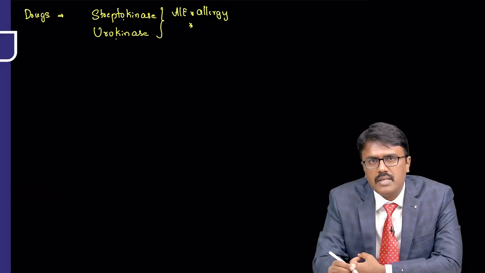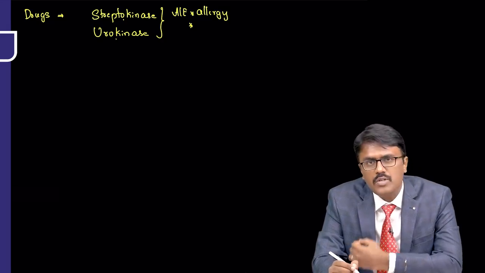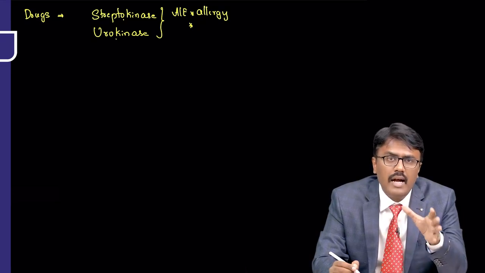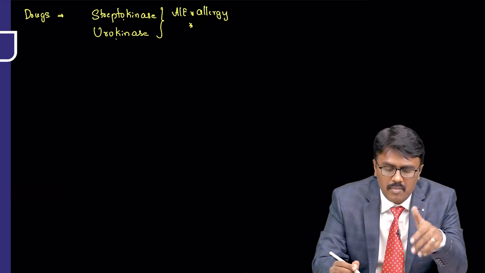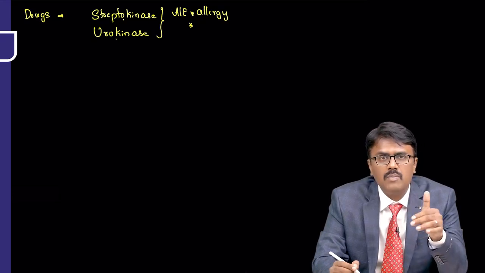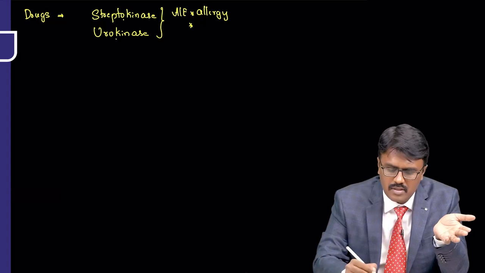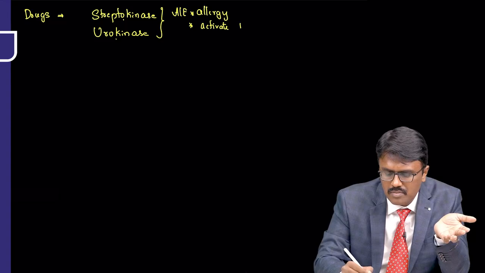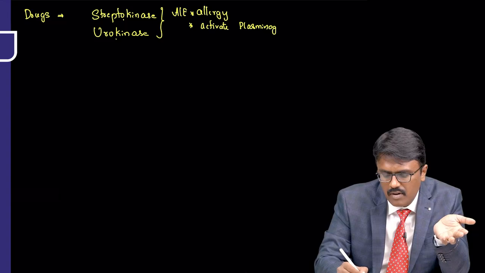The second important problem is this: where should we activate plasminogen to plasmin? You should activate it at the site of the clot. But they will activate plasminogen to plasmin everywhere in the body, not only near the clot.